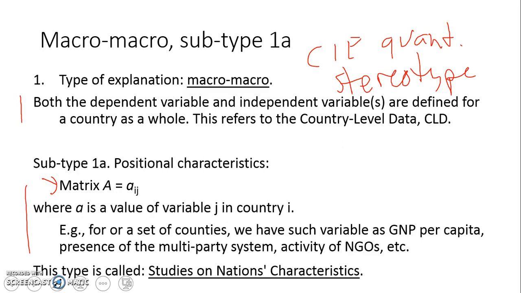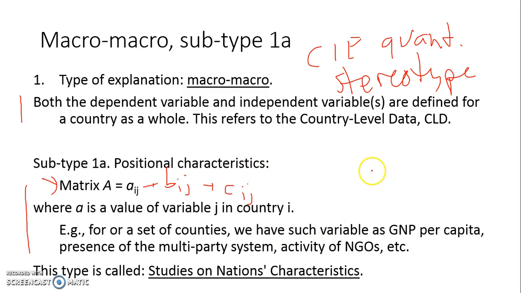So for a set of countries, we have a variable such as GNP per capita, presence of a multi-party system, the activity of NGOs. We can have a whole bunch of different variables that would fit in here, and they would look a little bit different. So we could have plus Bij plus Cij, right? And so these are all different values for the same variable.